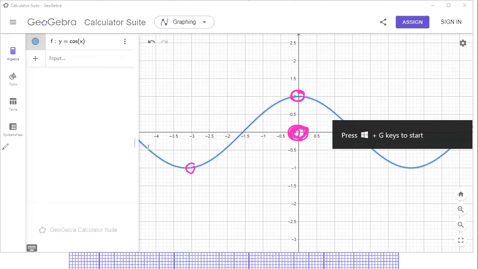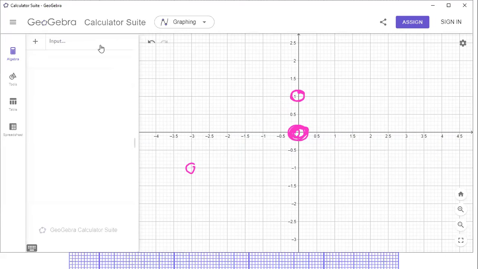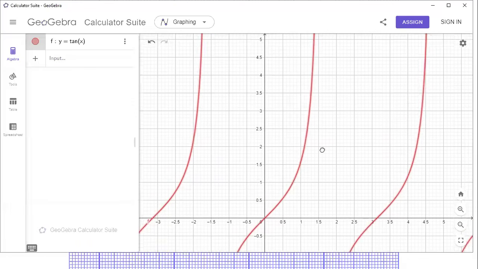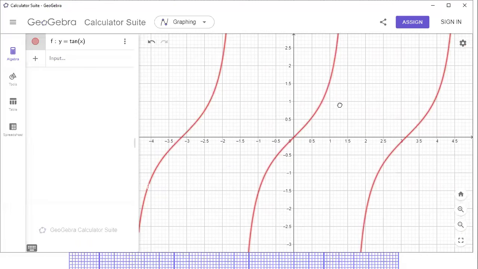Another curve that I want to show you is the tan. If I have y is equal to tan of x, that is how the tan curve looks. So when you draw your tan, expect it to be like this. Members, can you draw a sketch of how a tan curve looks in your book?